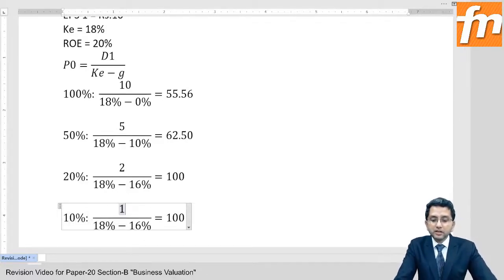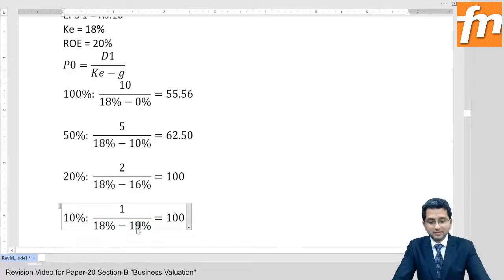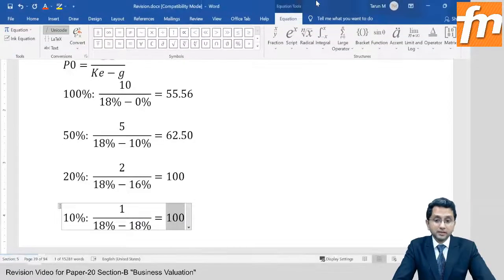Because 10% dividend on 10 rupees will be just 1 rupee. And if I am paying out 10%, I am retaining 90%. So 20% into 90% will be 18%. Growth rate will become 18% and price will actually become infinite.